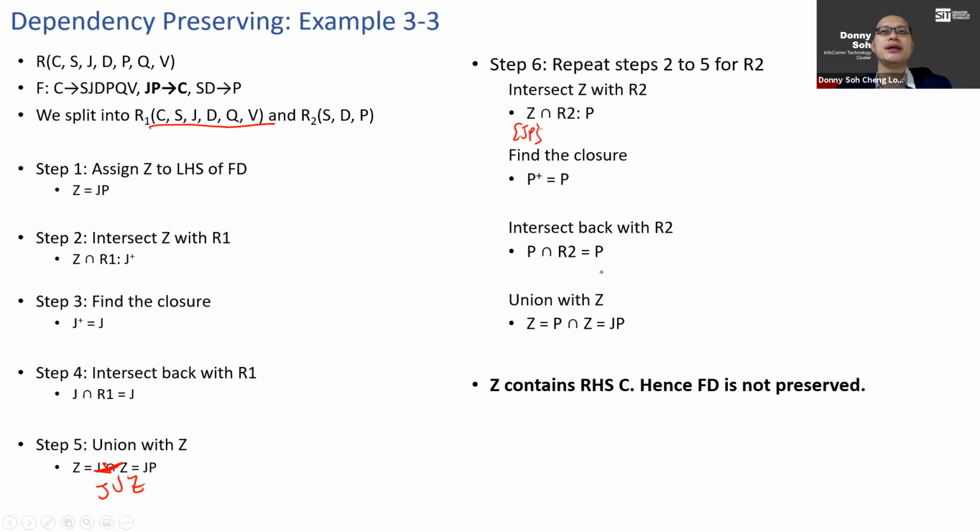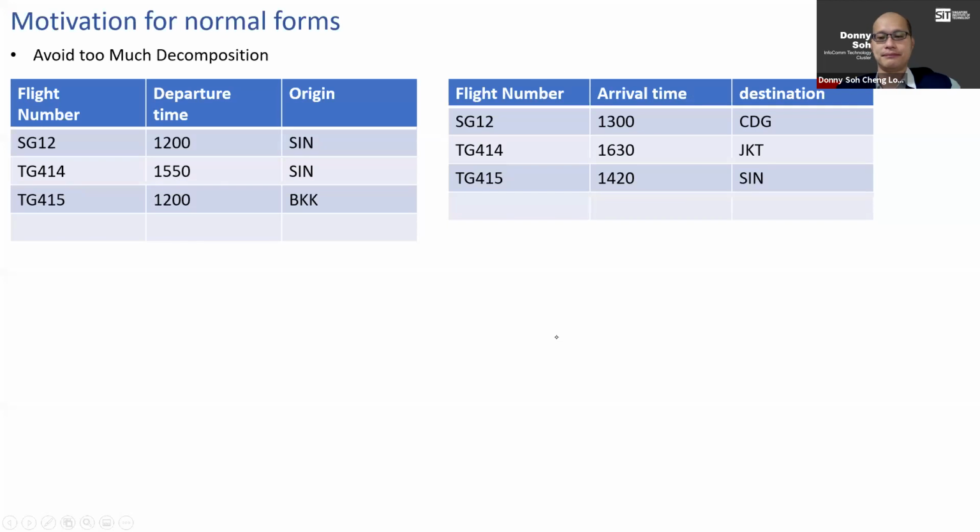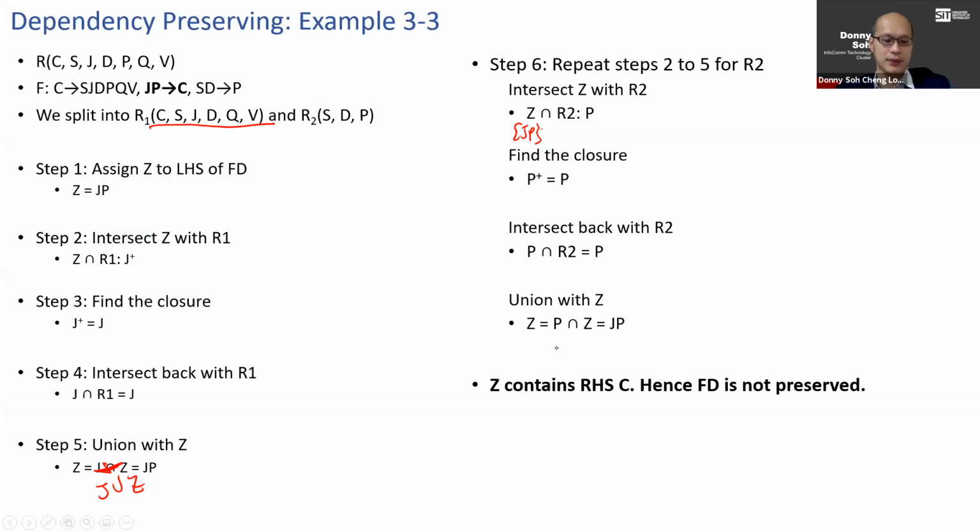I still get back P. Union it back with Z. I get back JP. Z does not contain right hand side C, and so FD is not preserved.